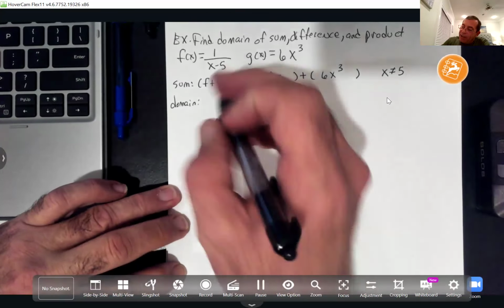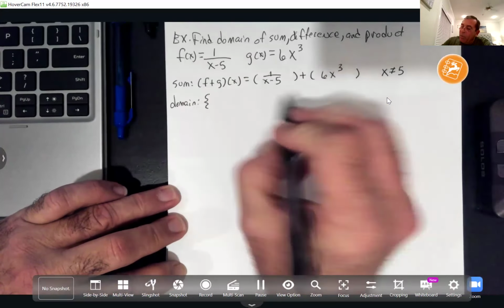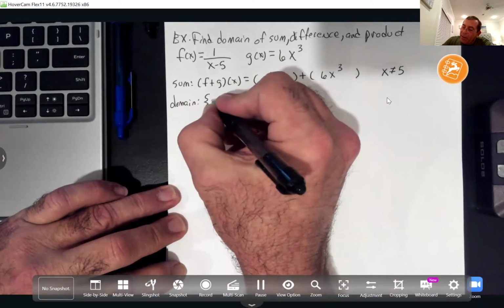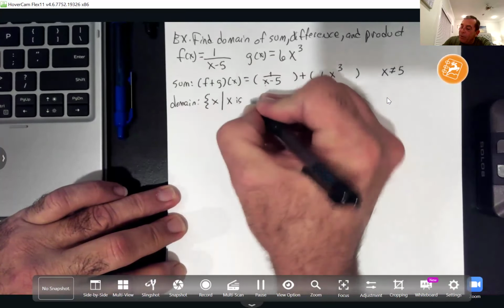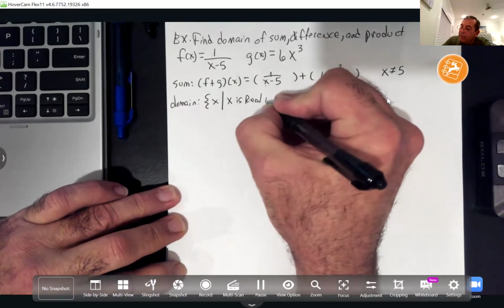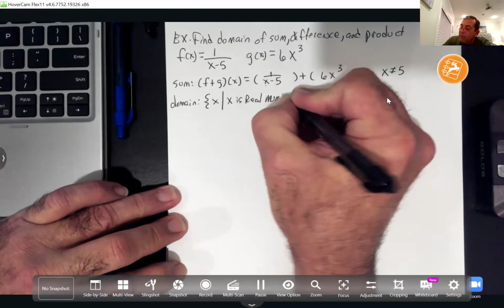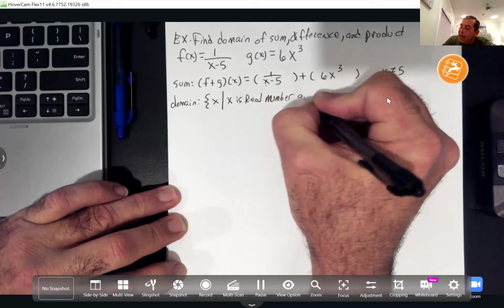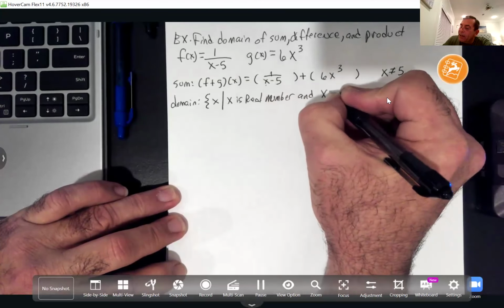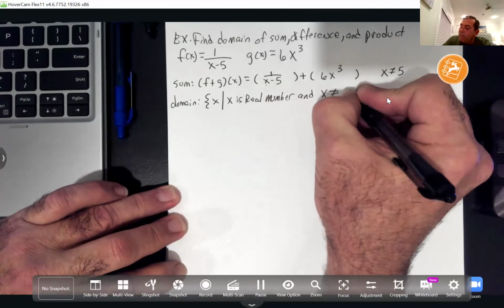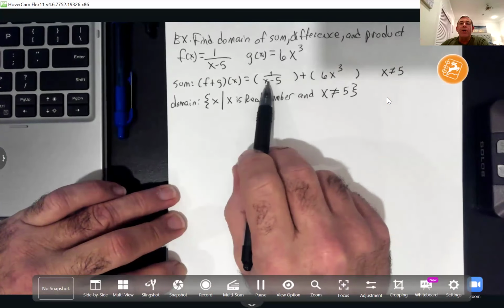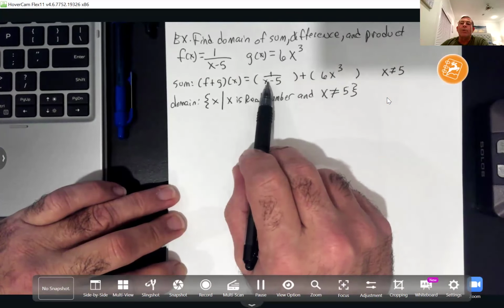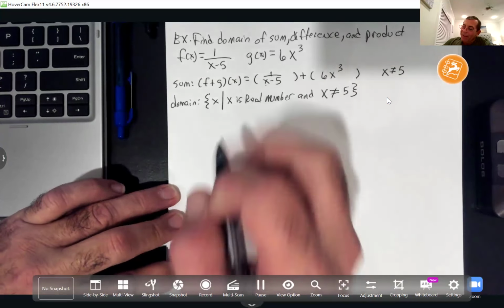If there is a fraction, the domain will be whatever number makes that 0. So this will be x such that x is a real number, and x cannot equal 5. 5 is the only number that'll make that equal 0, which will make it undefined, okay?